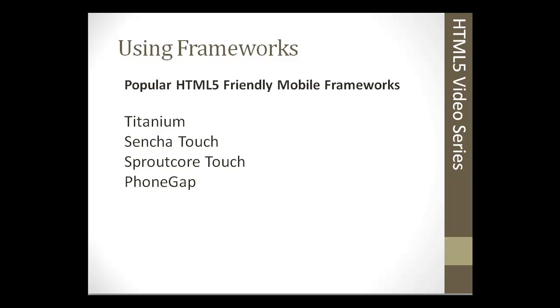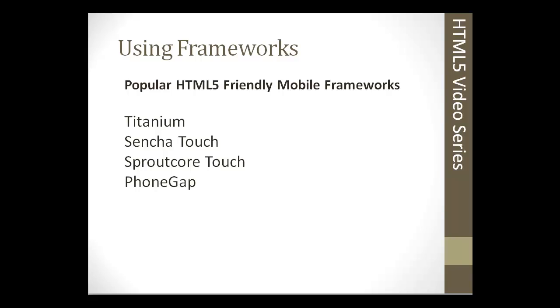Now, Titanium I've used, and it's a little different than the other three. It doesn't deal so much with HTML5 itself, but it takes JavaScript code and analyzes and pre-processes it, and then pre-compiles it into a set of symbols that are resolved based on your application's uses of the Titanium API.